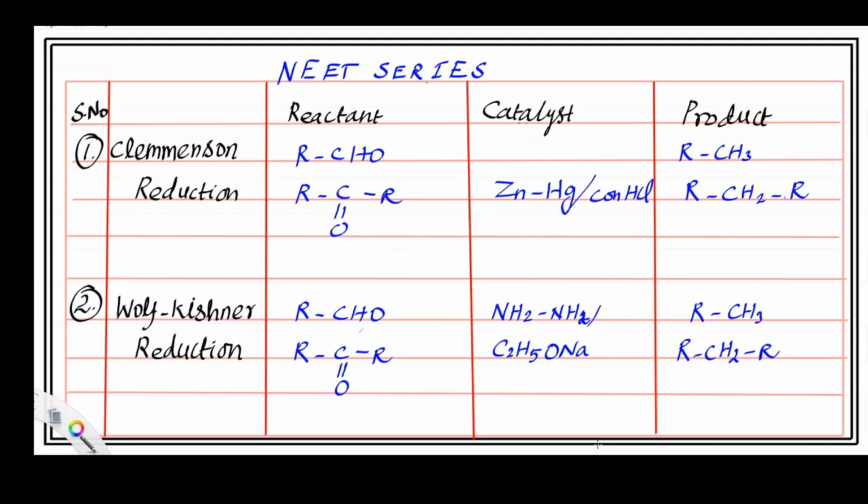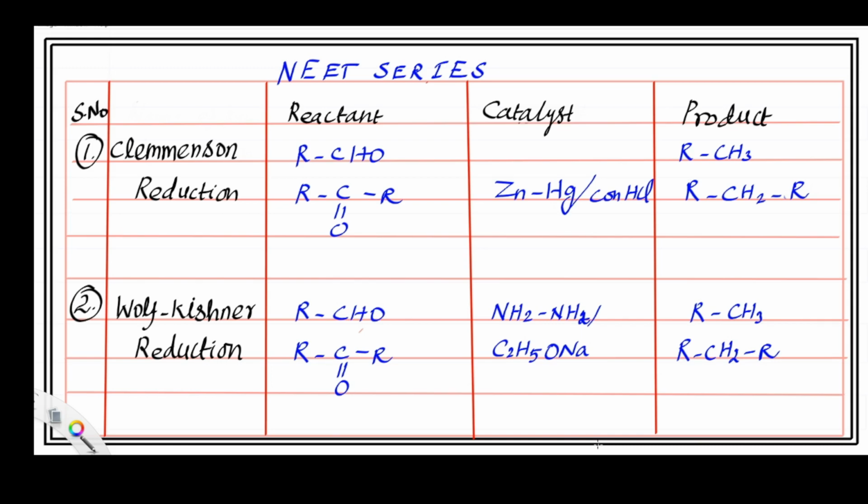Students, first we draw the table like this manner and list out the reactant, catalyst and product for the two reactions, namely Clemmensen reduction and Wolff-Kishner reduction. Both reactions take place in carbonyl compounds like aldehydes and ketones.